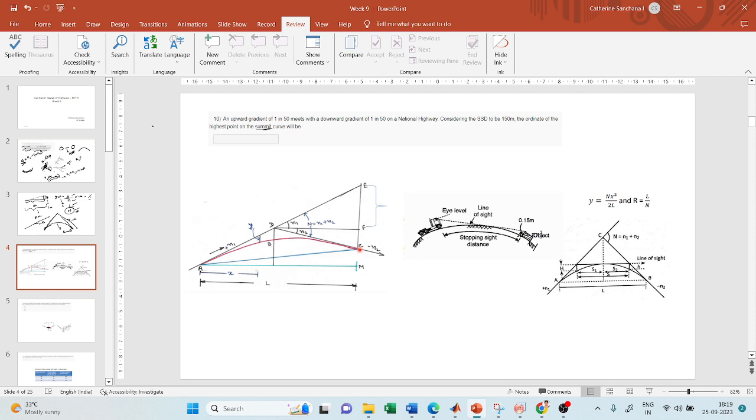Okay, so how will you identify if it is a summit curve or valley curve? We saw that it has to be identified by using N, right, which is the algebraic difference between the two grades forming the curve. Now, an upward gradient of 1 in 50 meets with a downward gradient of 1 in 50. So what did I tell you? Let us take the first gradient as n1, and if it is an upward gradient, it should have a positive sign, right?